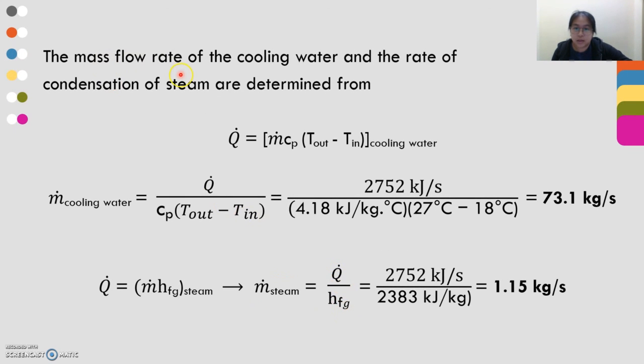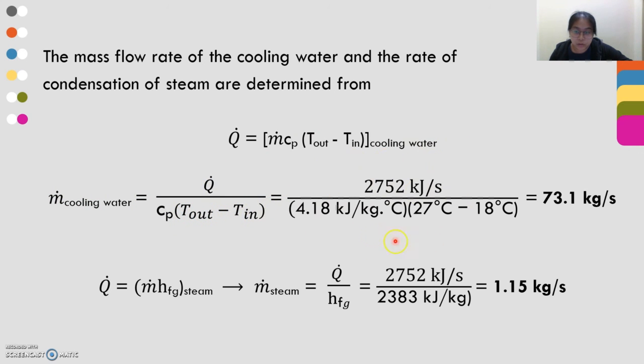Next, we'll find the mass flow rate of the cooling water and the rate of condensation of the steam. First, this is the formula that we'll consider here: Q dot equals m dot Cp times T out minus T in of the cooling water. We isolate m dot of the cooling water, so we get Q dot over Cp times T out minus T in.